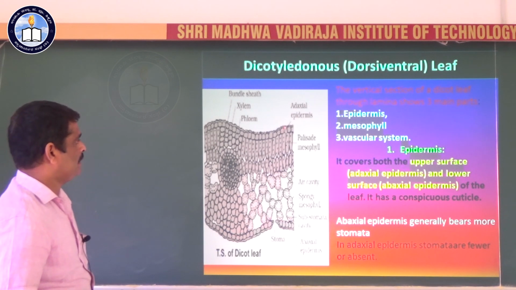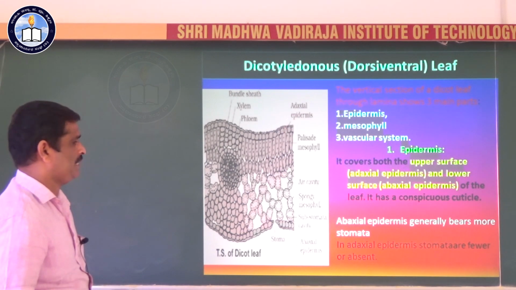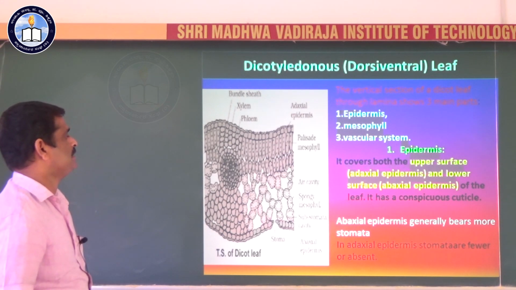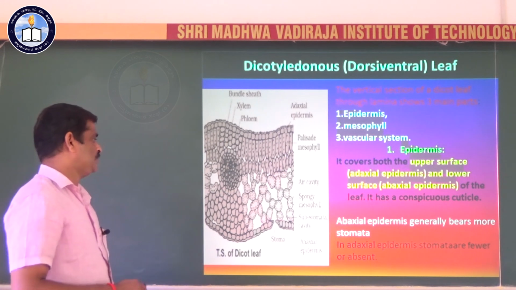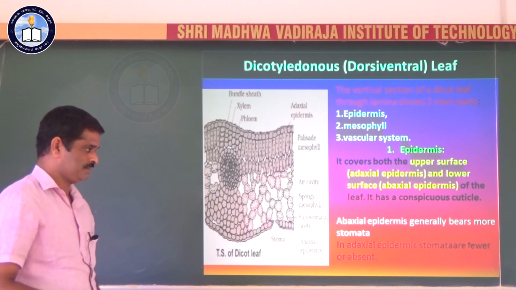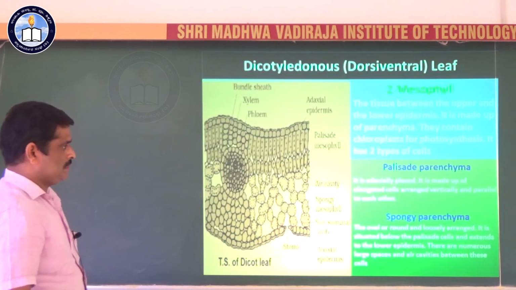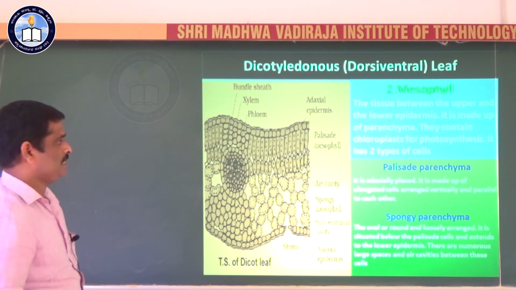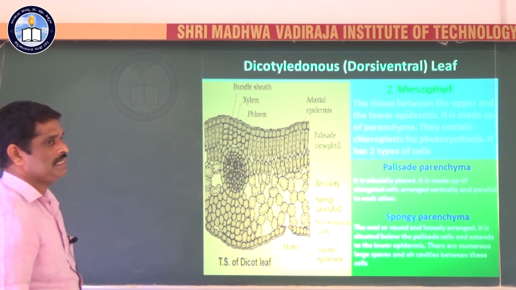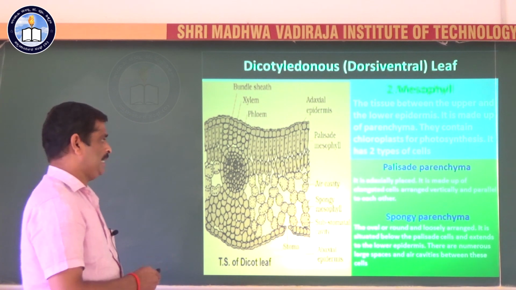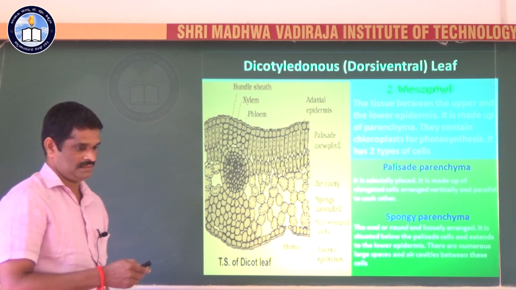Between the adaxial and abaxial epidermis, or upper and lower epidermis, parenchyma cells are present that contain chloroplasts that help in the synthesis of food and constitute the mesophyll tissue. What is mesophyll tissue? It is nothing but photosynthetic parenchyma cells existing between the adaxial and abaxial epidermis.